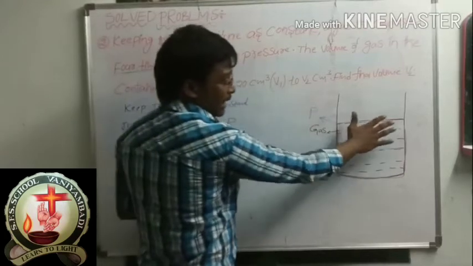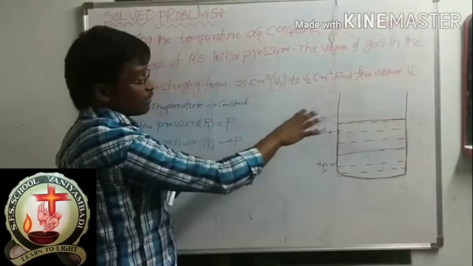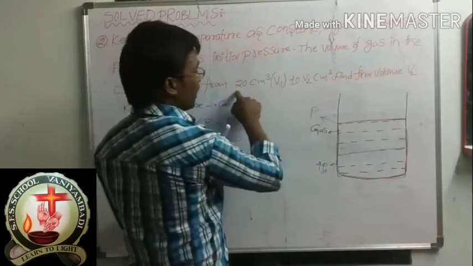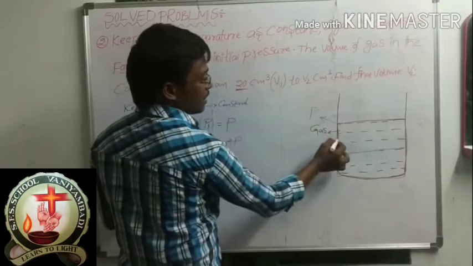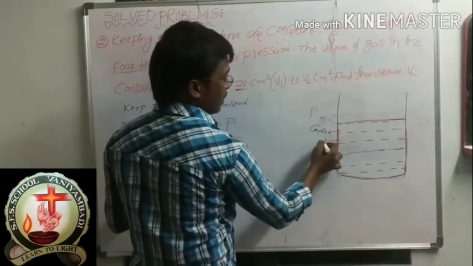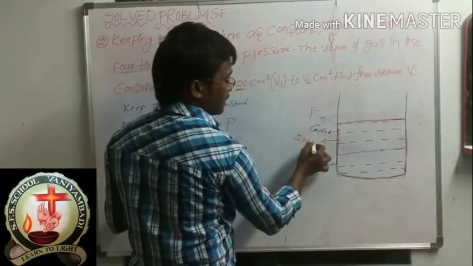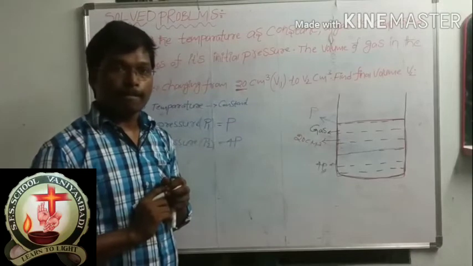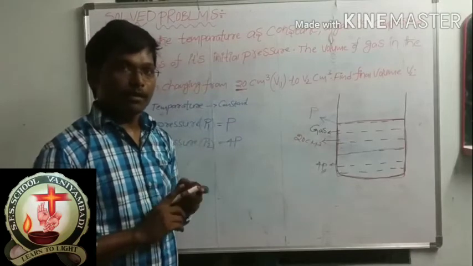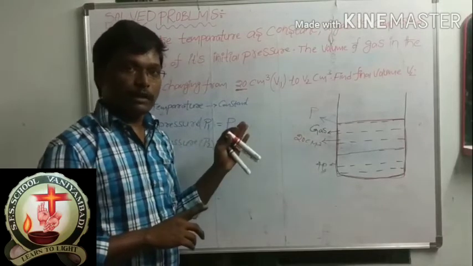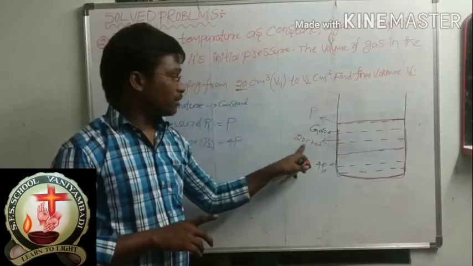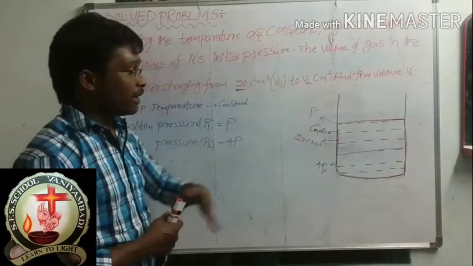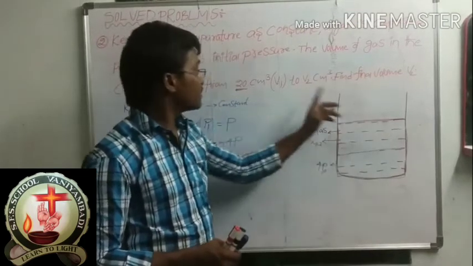So, at the initial stage, what is the volume of the container? 20. Initial stage, volume of the container is 20 centimeter cube. Okay. So, this is the initial stage gas volume, 20 centimeter cube. Whenever we are compressing the gas, what happens?